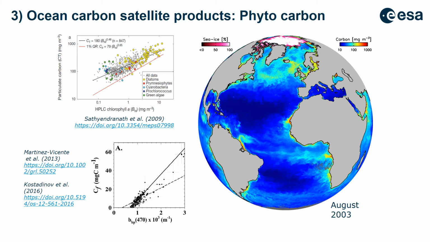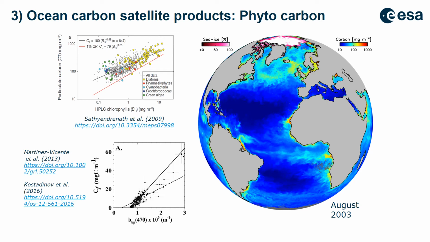Certainly, ecosystem modelers particularly like to work in carbon units. These are just two techniques shown on the left here. One technique relates the phytoplankton carbon to the chlorophyll concentration, shown at the top there in the red line. And the other technique, that's been used by various scientists, is to use the backscattering signal as observed from satellites and relate that to the carbon in the phytoplankton.